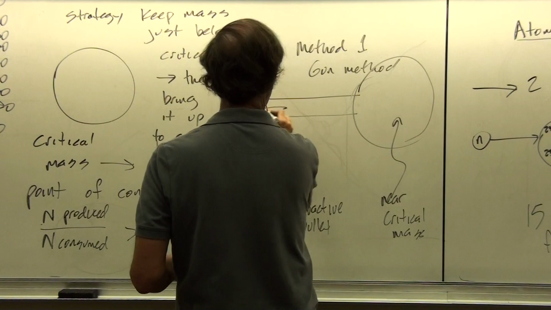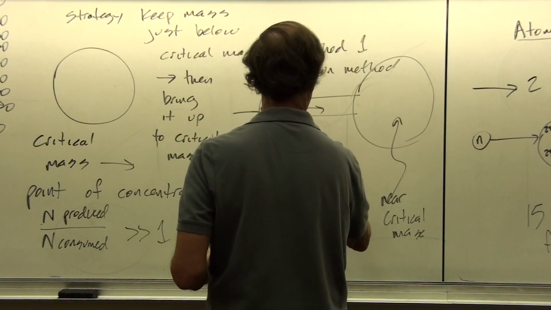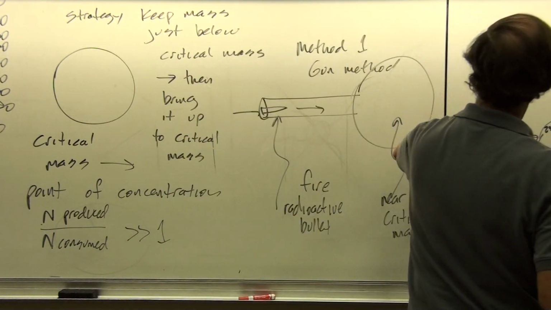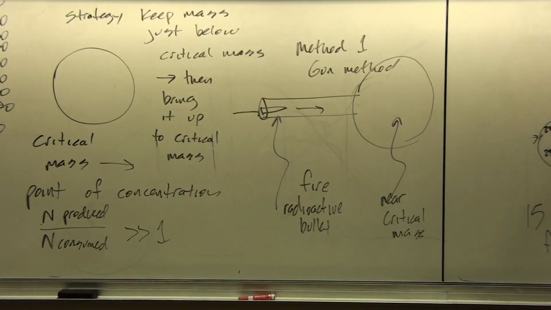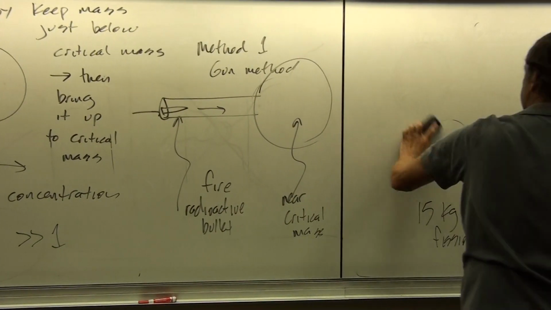So you fire the bullet, and then that brings the mass above critical mass. And so then it blows up.